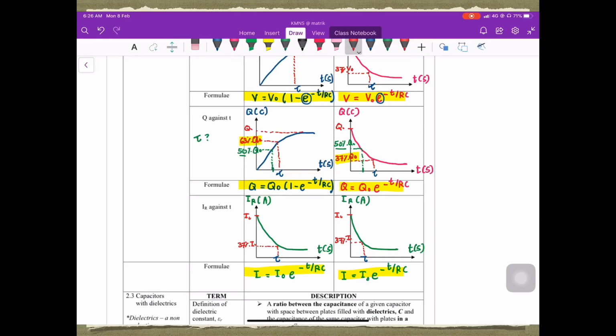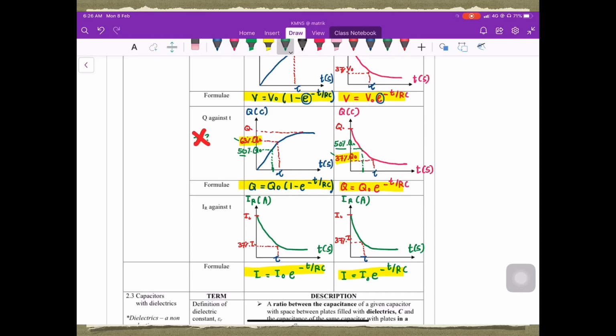What's your answer? Cannot. Why? Because specifically, time constant is the time taken when the charge increases to 63% or reduces to 37% only.